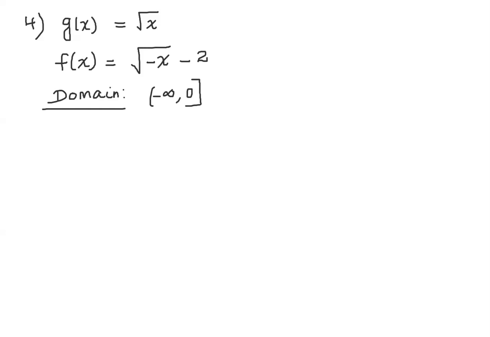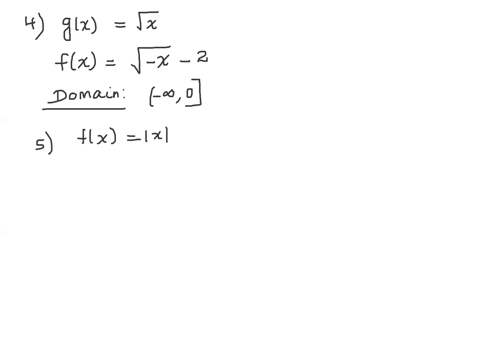And the next problem, number 5, is: if the function f of x equals the absolute value of x is shifted 3 units to the left and vertically stretched by a factor of 4, what is the resulting function? And sketch the graph, and you have to write the domain. So you have to write the new function for the given information.